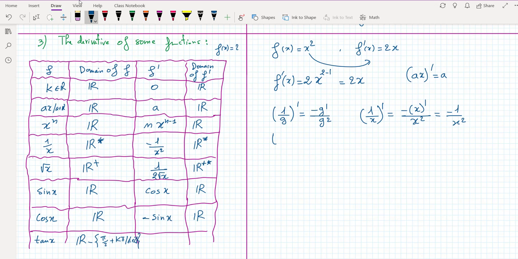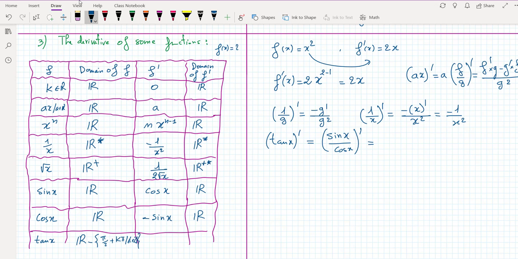To calculate the derivative of the tangent, all we need to do is write the tangent in the form of sine x over cosine x, and apply the derivative of f over g. The derivative of f over g, as we know, is f prime times g minus g prime times f, over g squared.